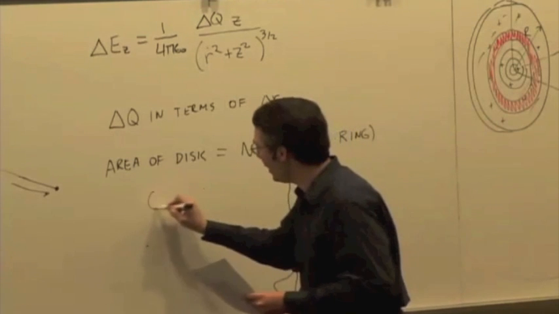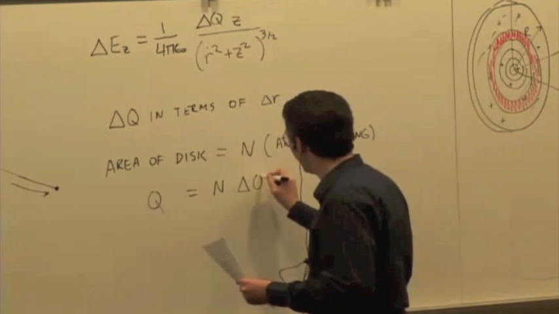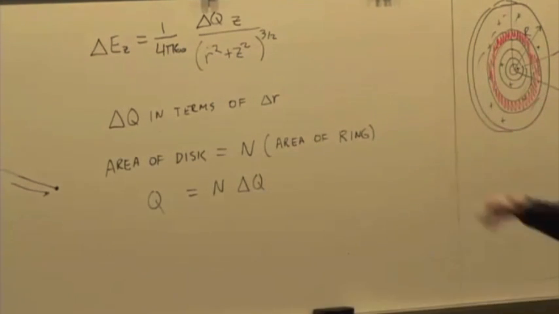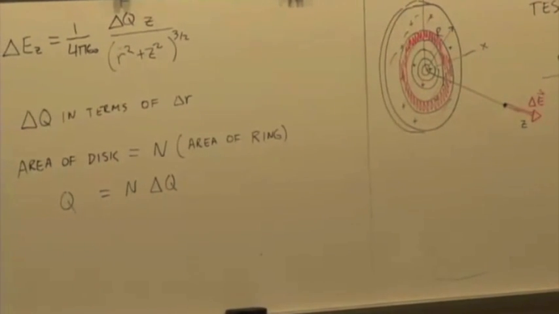And the same would be, or we can say that the total charge is equal to n times delta Q. So as usual, if we can figure out this relationship, we can then do a division and figure out delta Q in terms of delta r.